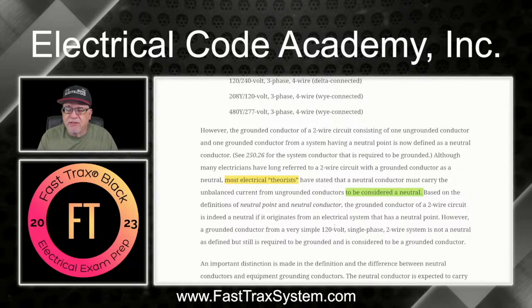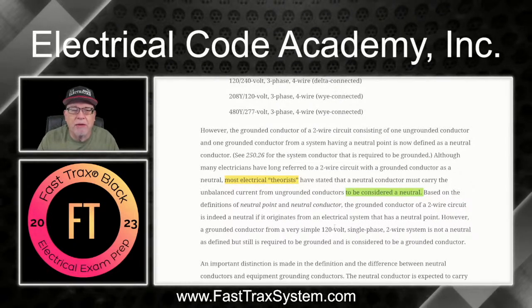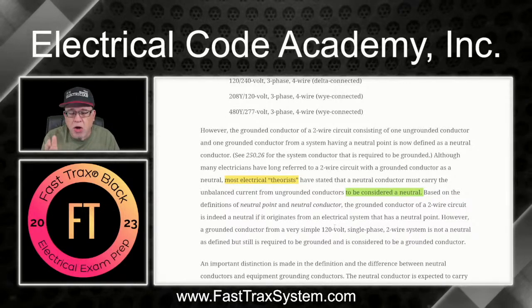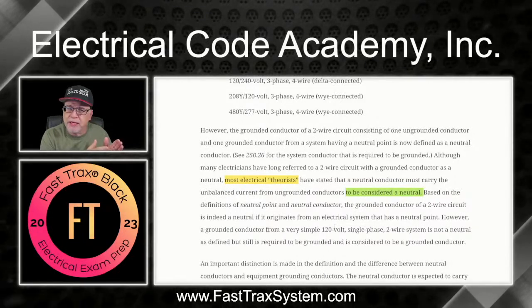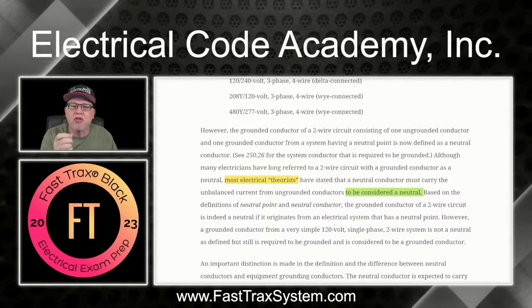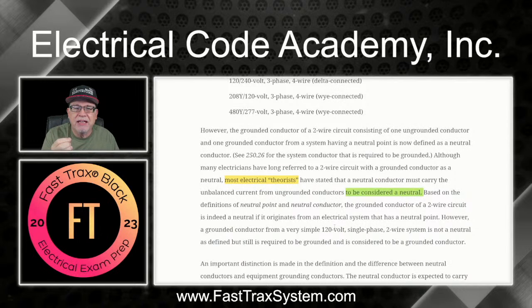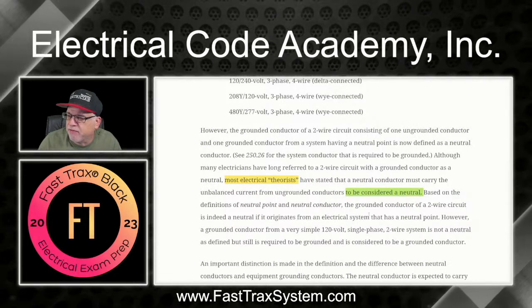When we're looking at it and saying, well, I need to know what to call that white conductor in a two-wire system, we know it's grounded, but now we know the code says, based on its neutral point on that system, that it is also taken as a neutral, not just a grounded conductor. See how it kind of works? All right, so the NEC clarified that.